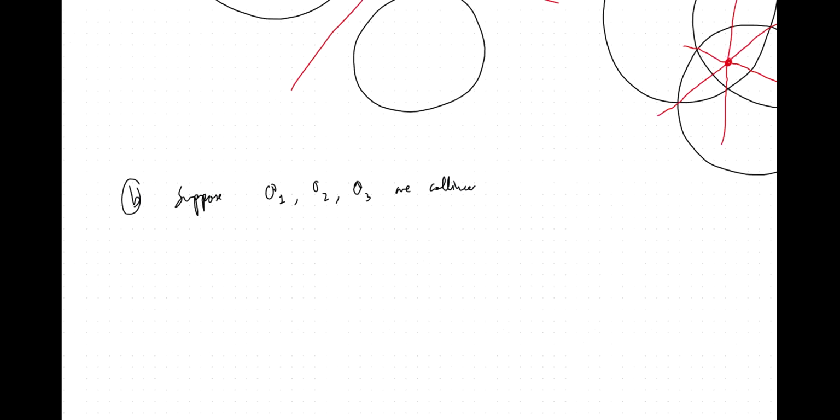So that is, let's say all of them are on the line M. So all these radical axes are perpendicular to the same line. Well, there are two situations here. Can you tell me what the two situations are? Two different things that can happen.